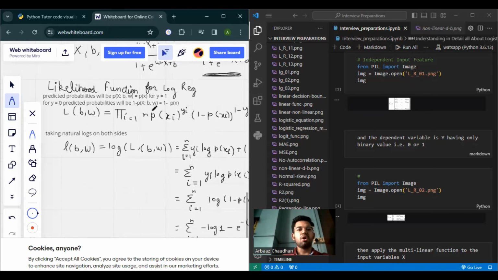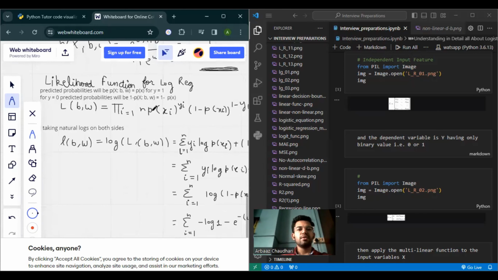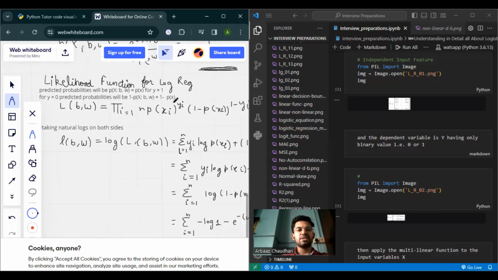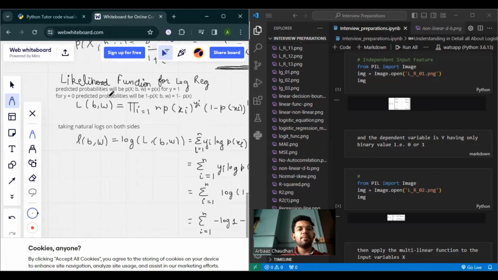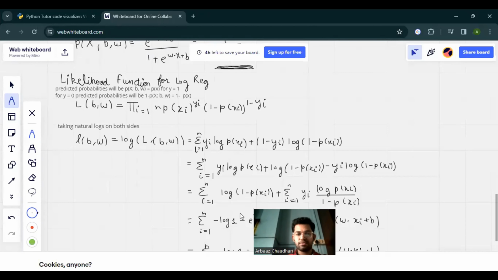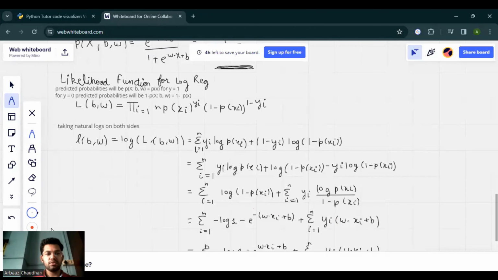Likelihood function for logistic regression.